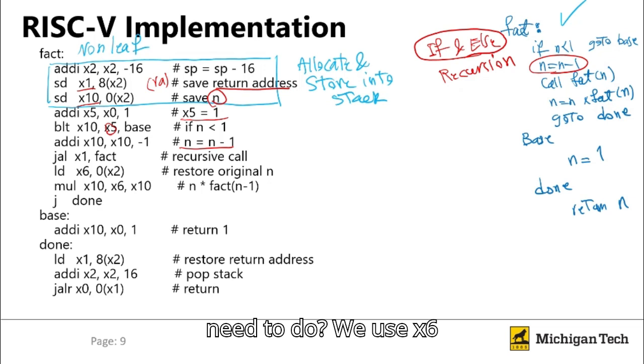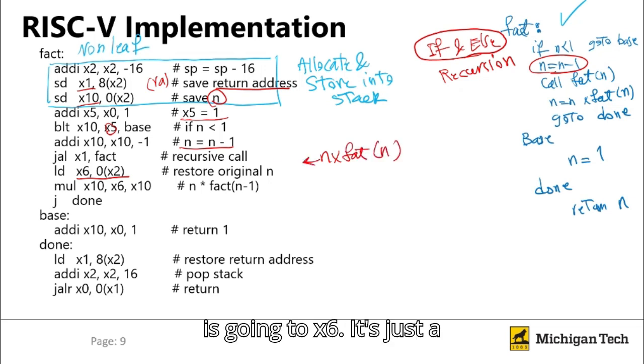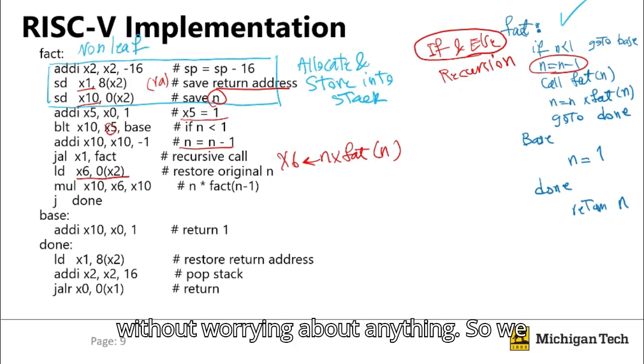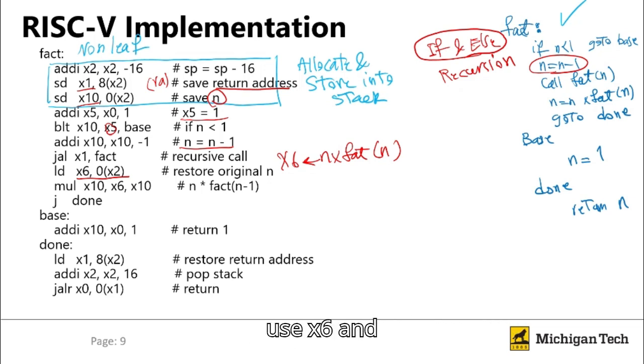We use x6 to save the multiplication. N multiply fact n goes to x6. It's just a temporary register, and we are allowed to use that without worrying about anything. So we use x6 and multiply x6.